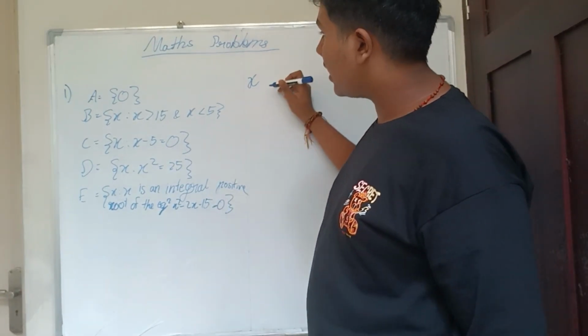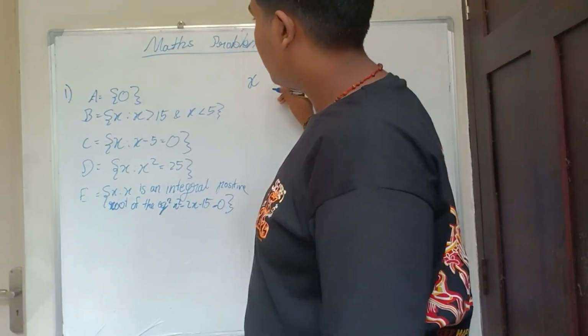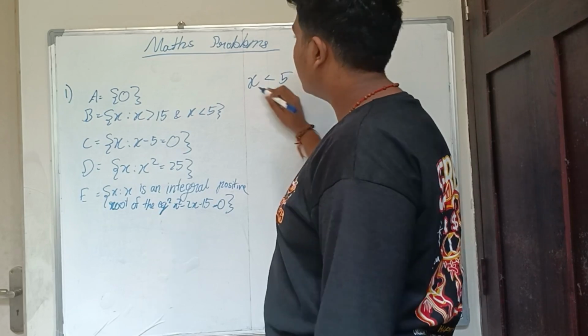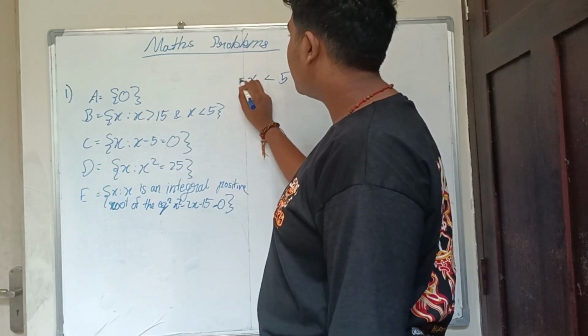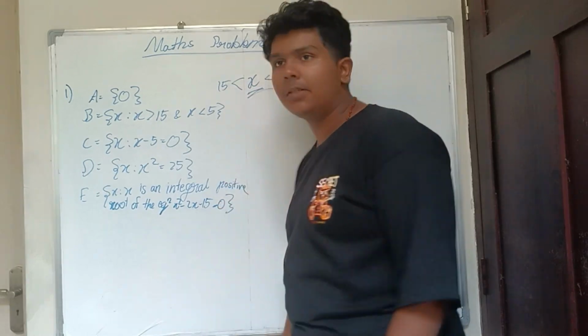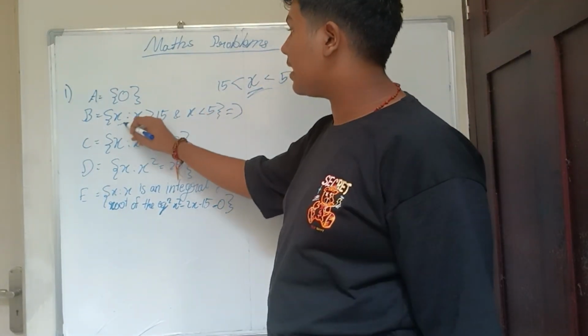It is given here x is smaller than 5 but greater than 15. Is it likely possible? No, right? Hence this B is in set builder form.